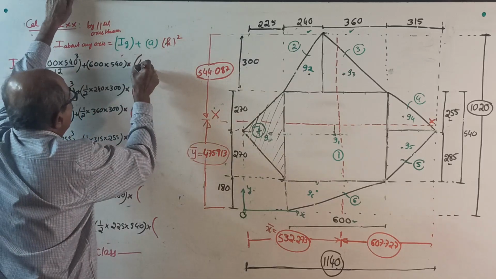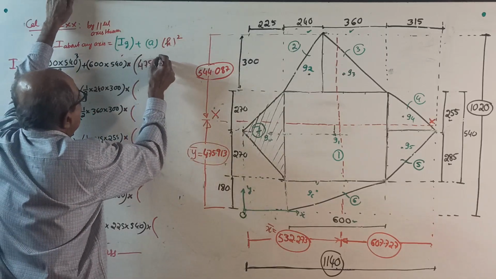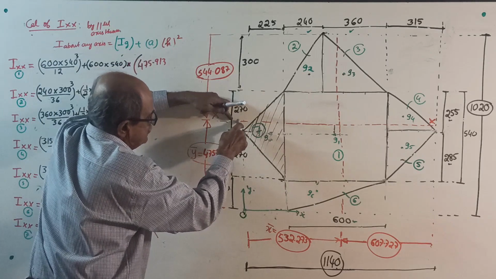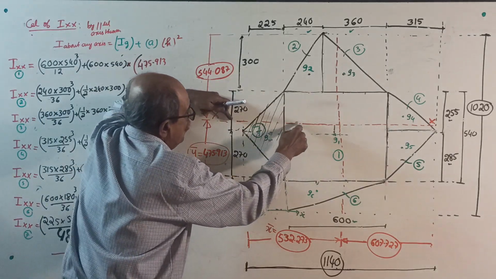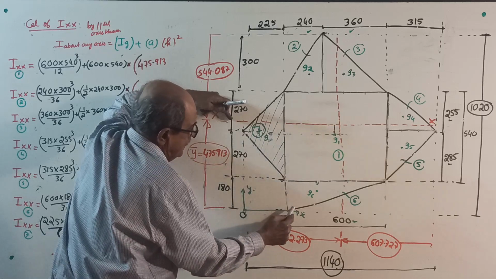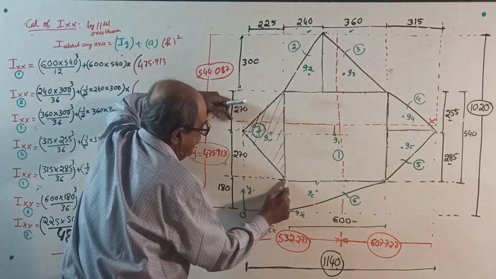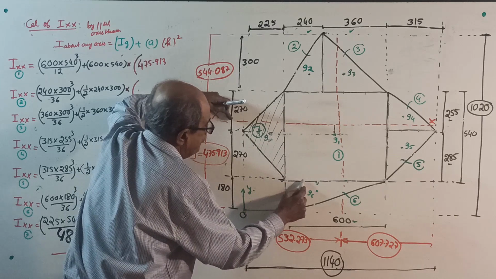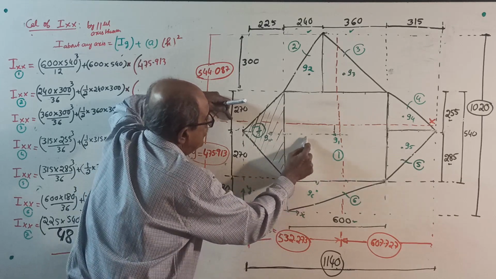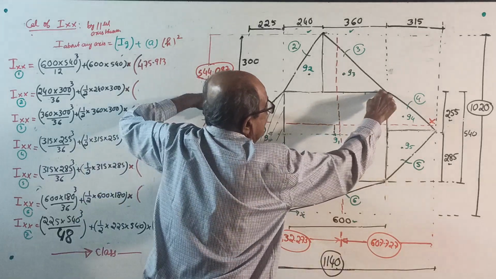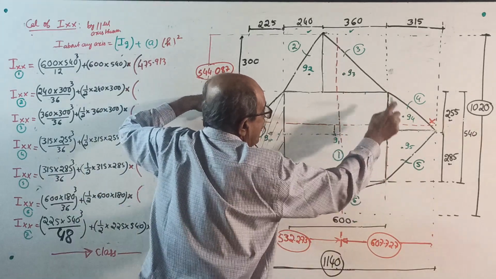475.913 is from XX to the extreme fiber. So 475.913 minus 180 and also minus half of 270. Why? This side is 270, see, this is 540, half of 540.